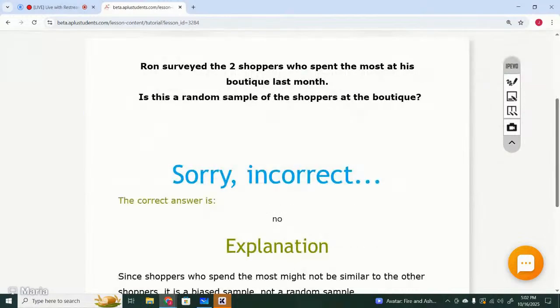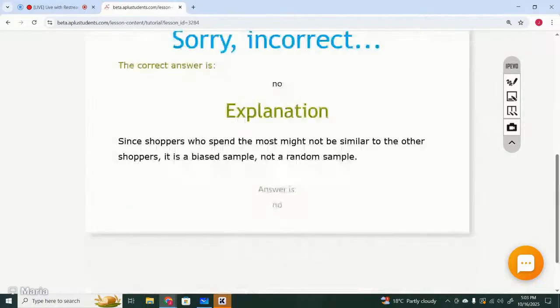Ron surveyed the two shoppers who spent the most at his boutique last month. Is this a random sample of the shoppers at the boutique? The two shoppers who spent the most are not similar to the others, right? So this is a biased sample, not a random sample, because they are not the same as the others.